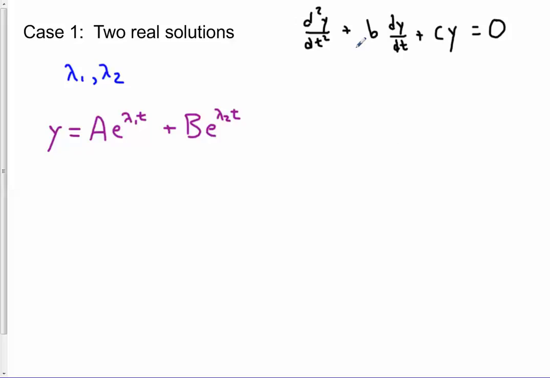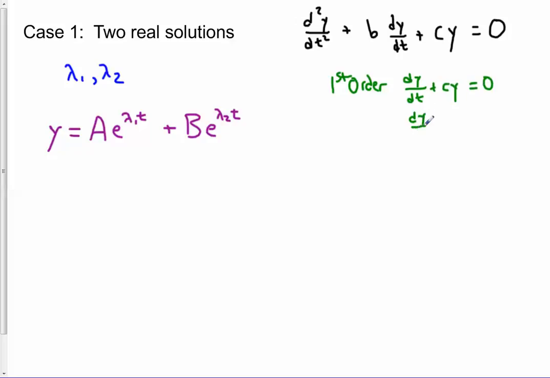If you go back to your second order differential equation, the idea was, we learned from our experience with a first order differential equation. First order, linear, homogeneous, constant coefficient was dy/dt plus cy equals 0.